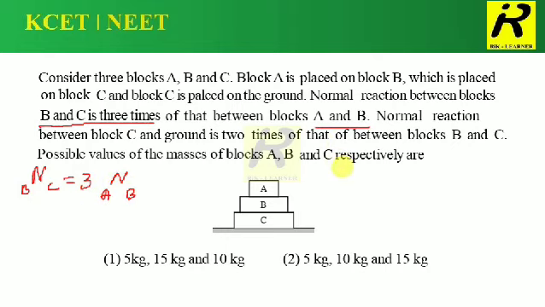And one more thing we are given, that is normal reaction between C and ground, which is 2 times that between blocks B and C. So C and ground is equal to 2 times NBC. So now we have to do further.